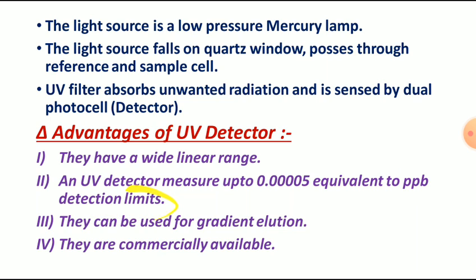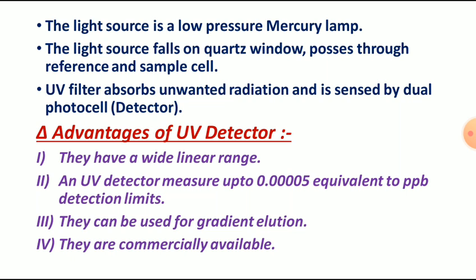It has a very low detection limit, up to parts per billion. Third, they can be used for gradient elution. All of you know gradient elution, that means two or more solvents can be used. Fourth, they are commercially available. So this is about the UV detector.